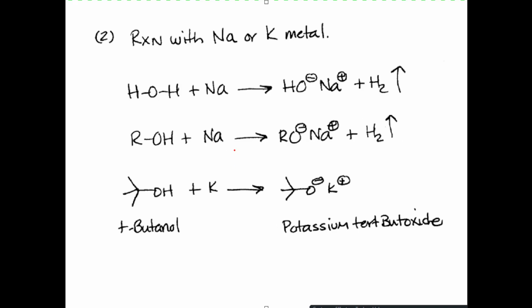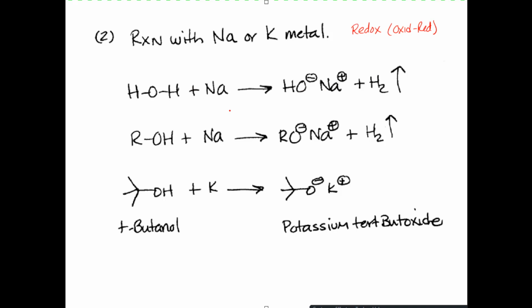Now, the much more traditional way of making an alkoxide is to react it directly in a redox reaction, meaning an oxidation-reduction reaction that you most likely learned about in general chemistry. So if you remember from general chemistry, if you reacted water with sodium metal, you end up forming hydroxide and a sodium cation, that is sodium hydroxide, and then molecular hydrogen or hydrogen gas.